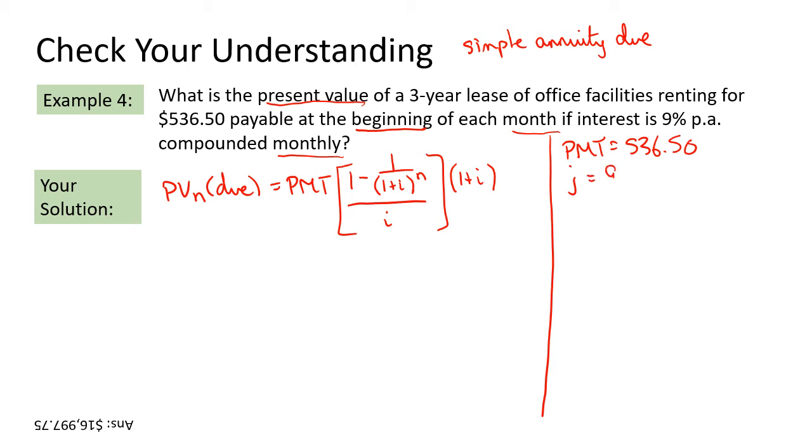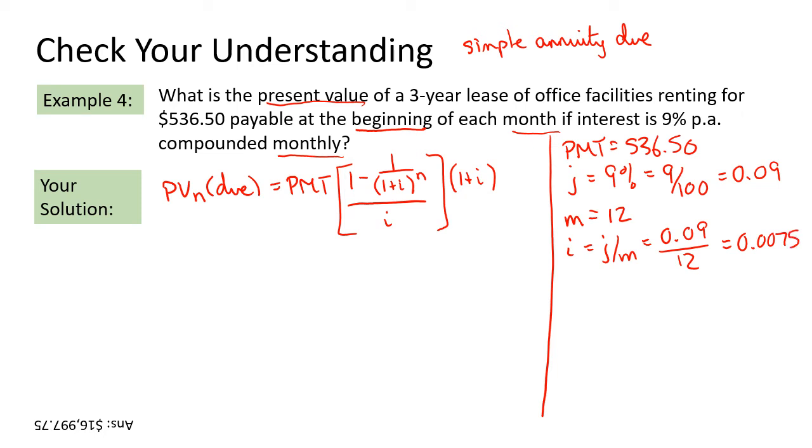Our nominal interest rate J is 9%, which is 9 divided by 100, removing the percentage sign, or 0.09. Our number of compounding periods per year, M, is 12 because it's given as monthly. So our periodic interest rate, I, is J divided by M, or 0.09 divided by 12, which is 0.0075. Our last term, N, we're given that it's a 3-year lease, so it's 3, times, since payments are monthly, 12 payments per year, so we have a total of 36 payments.